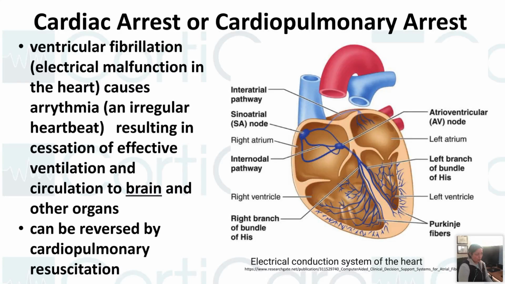But of course, the brain is one of the most important organs here, and we're going to talk about it. Now, can this be reversed? Yes. If help arrives on time, the patient can be resuscitated and brought back to normal cardiac rhythms.